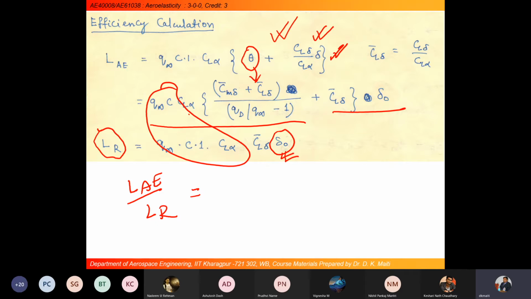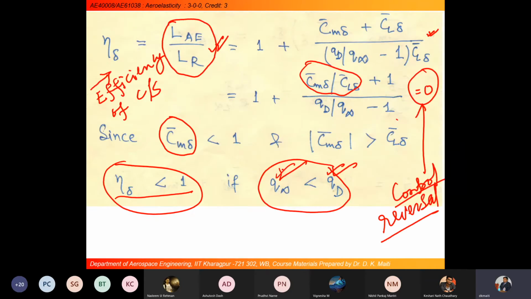So, to find the efficiency, we call this the control surface efficiency, that is eta delta. Eta is the usual symbol used in our aerospace applications and mathematics. Eta delta is equal to L_AE by L_R.